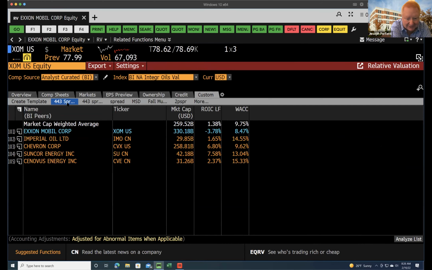But the whole point is negative spread, right? Very negative spread for an industry ROIC of 1.38 against a WACC of 9.75 today. ExxonMobil with a negative 3.78% ROIC against a WACC of 8.47. So basically, this is an industry that is destroying value and Exxon destroying value at a bigger rate.